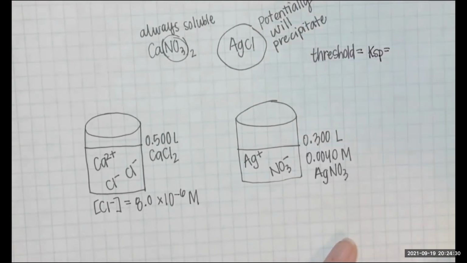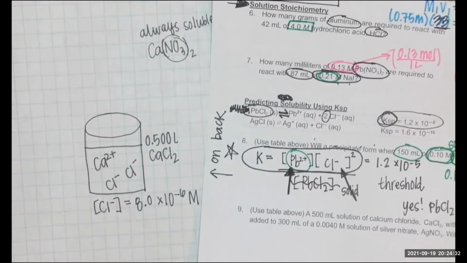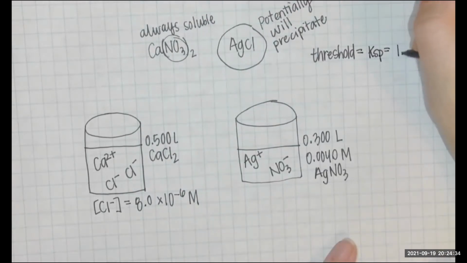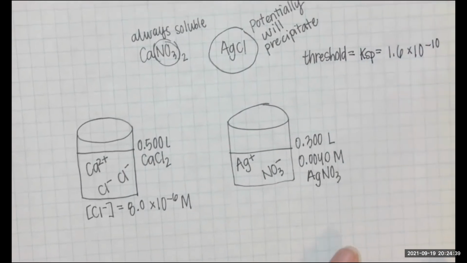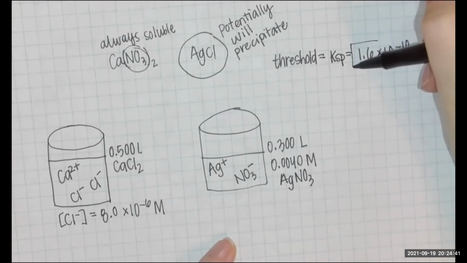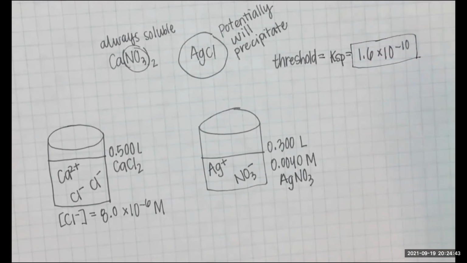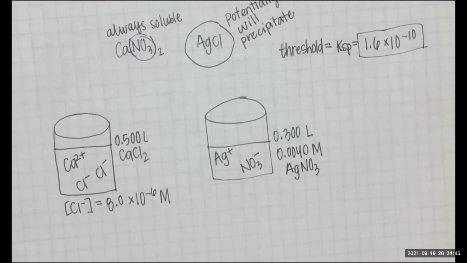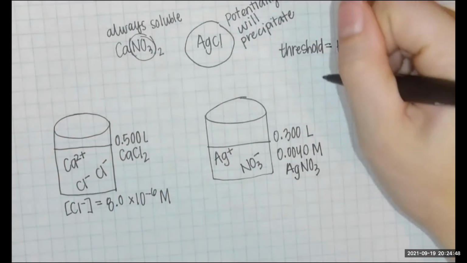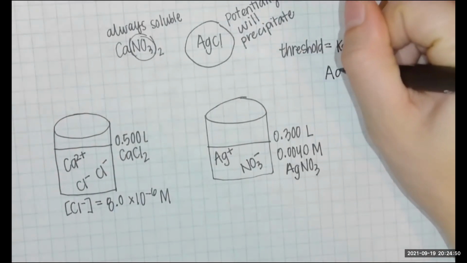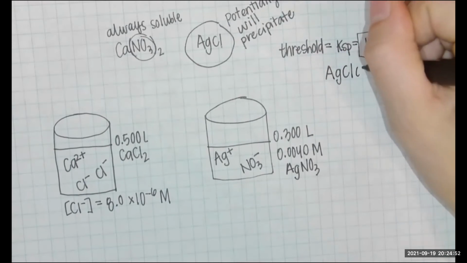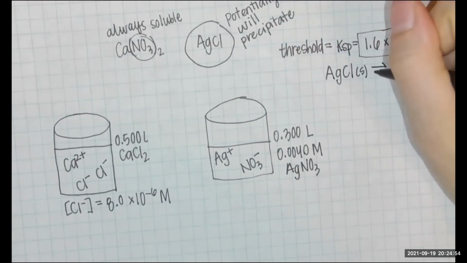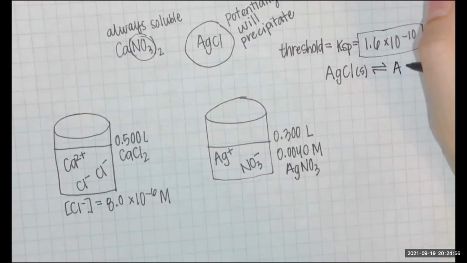That's the number to meet or beat here. This is the Ksp for AgCl, which divides into Ag plus and Cl minus.